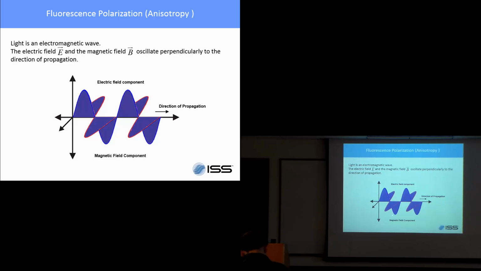The wavelength of light is given by the distance for an electrical field to do a complete swing, or a magnetic field. For the polarization, we are concerned only about the electrical field, so we don't care about the magnetic field.